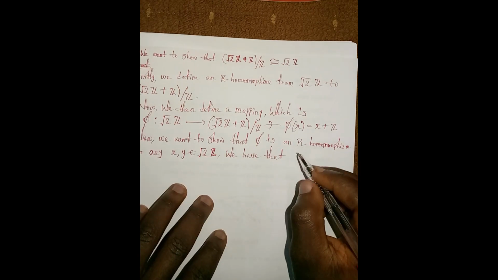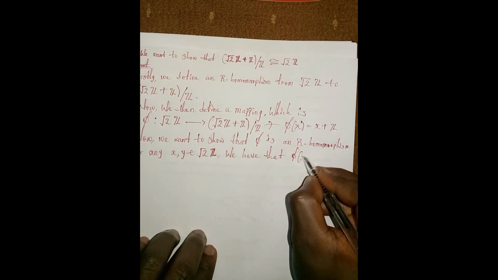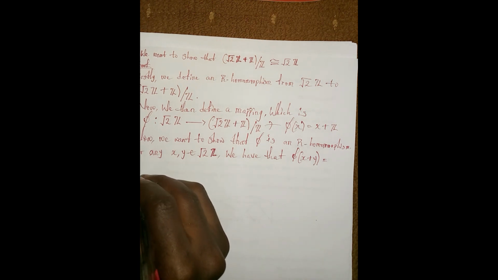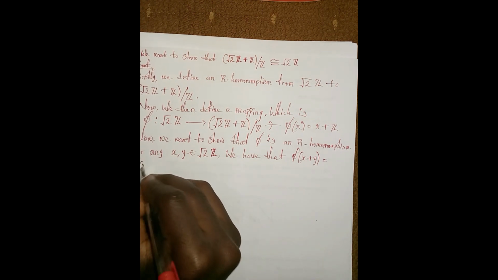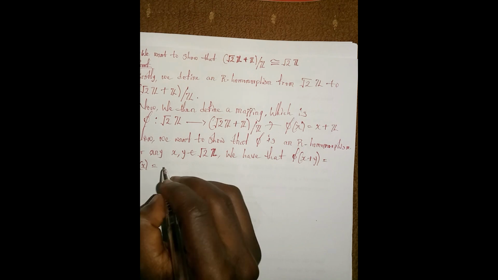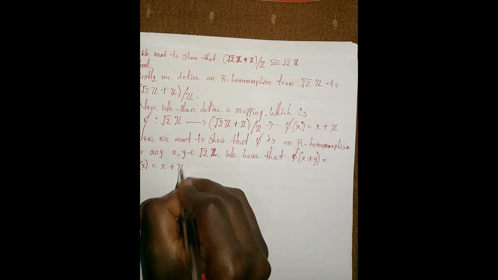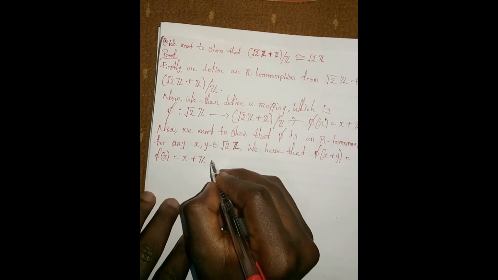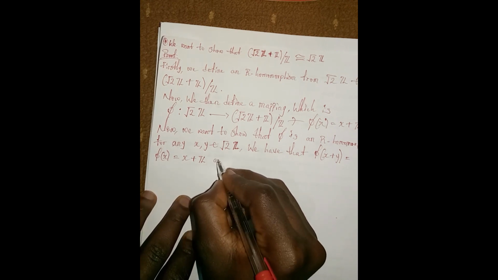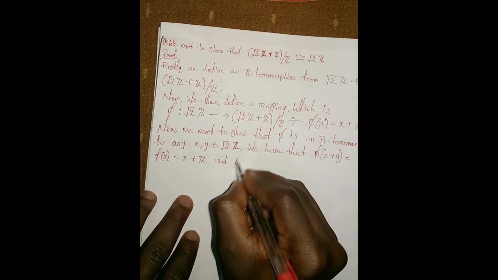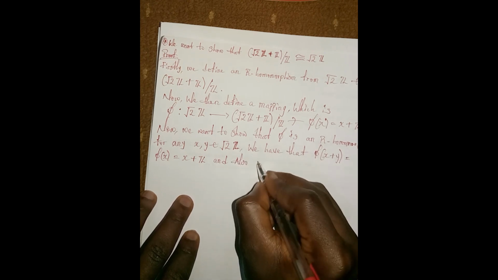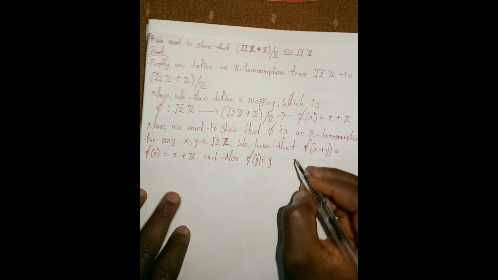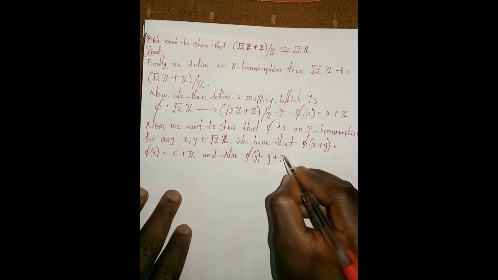Now we have that phi of x plus y, we know phi of x to be equal to x plus script z, and also phi of y to be equal to y plus script z.